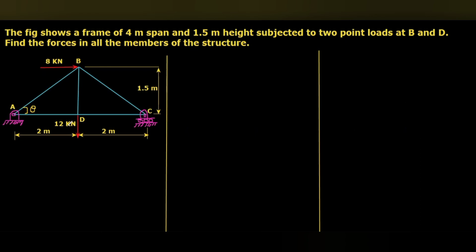Here you can see it is supported at the two ends, point A and point C. At point A, it is a hinged support, but at point C, it is a roller support. When you have horizontal loading or inclined loading, if it is inclined, we have to resolve it into two components, horizontal and vertical.